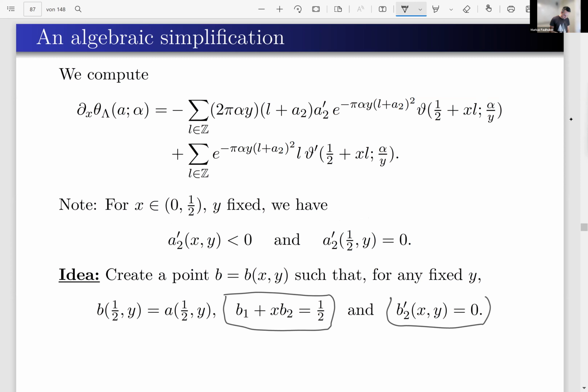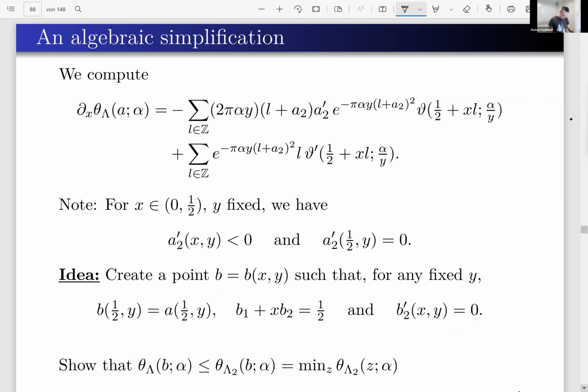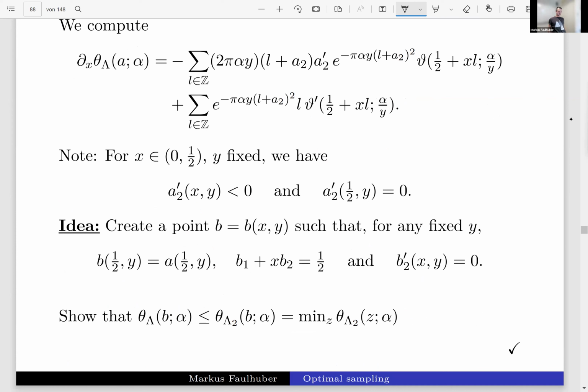And in addition, this B prime, the derivative with respect to X, is zero, so it's stationary with respect to X. Then we could show that the minimum is only attained at the right boundary line for this point where we don't have a geometric interpretation, but we constructed it in such a way that it's still the circumcenter for the hexagonal lattice, and so it's still the minimum in the hexagonal lattice. And so you have some point for each lattice which already has a lower energy than the minimum in the hexagonal case, and so in particular the minimum has to be smaller.